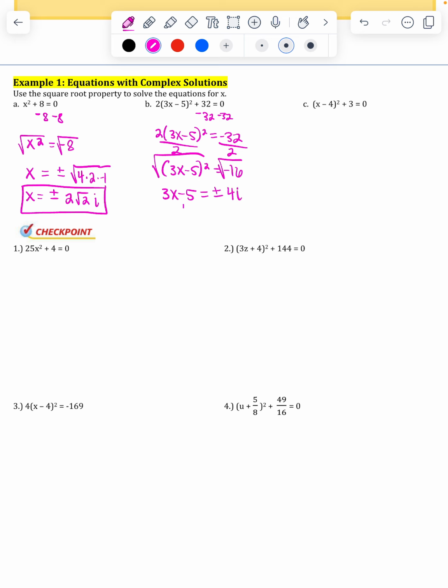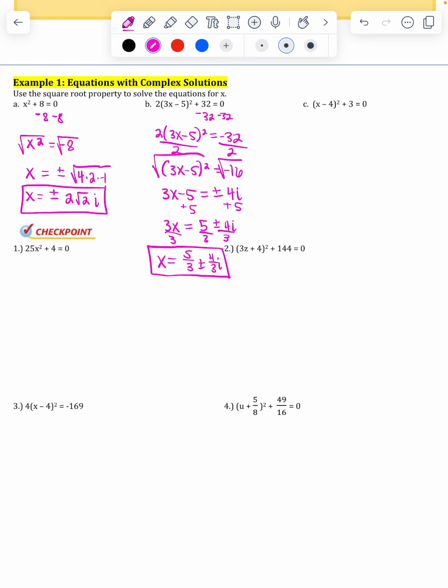Now our whole goal here is to solve for x. So let's add 5 to both sides. We get 3x equals, I'm going to put the 5 first because the real number comes first in a complex solution, 5 plus or minus 4i. And then I divide everything by 3. So my solutions are 5/3 plus or minus 4/3 i.